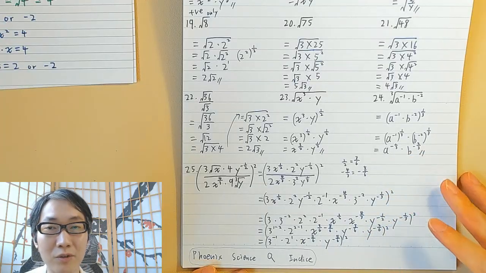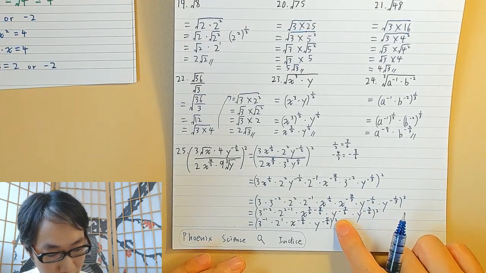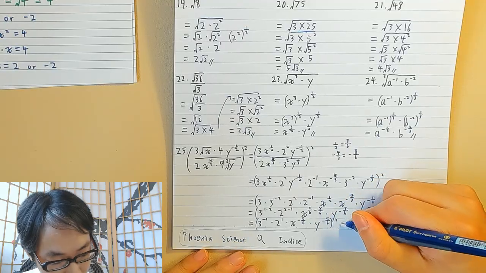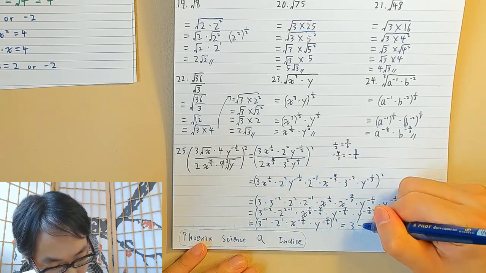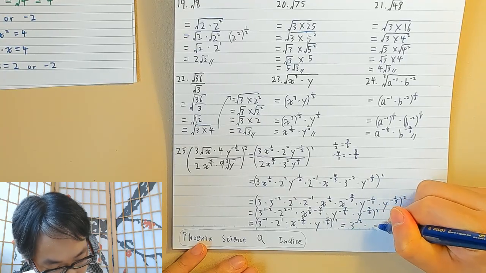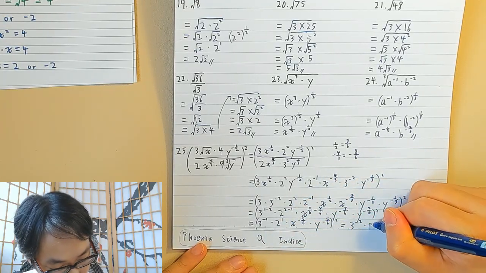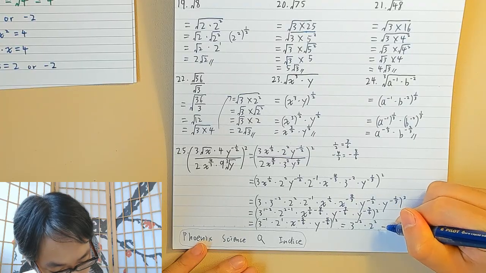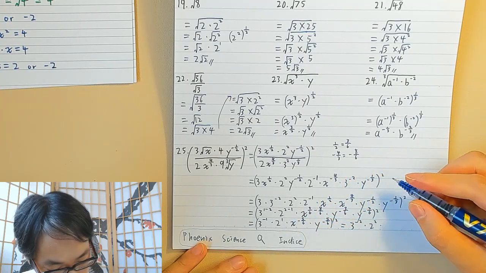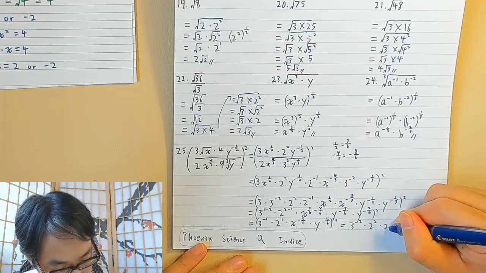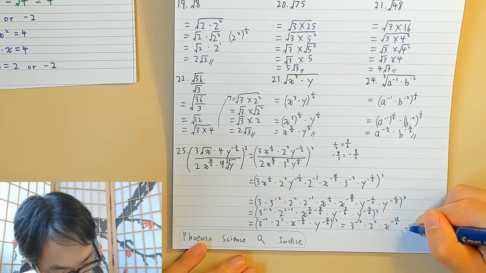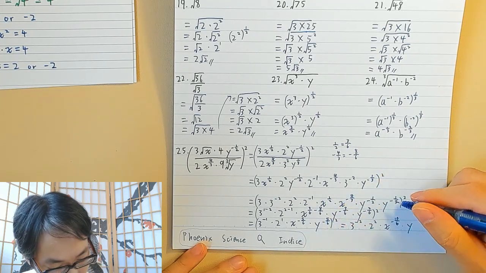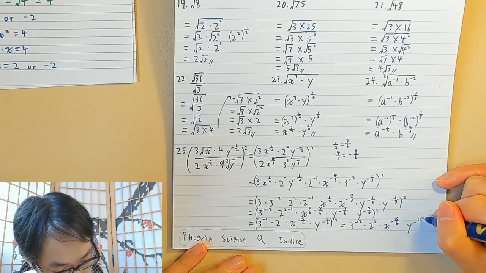Then I distribute now. Distribute the 2 to everyone. So it is equal to 3, negative 1 times 2 is negative 2. 1 times 2 is 2. Negative 5 over 6 times 2 is negative 10 over 6, and then negative 5 over 6 times 2 is again negative 10 over 6.